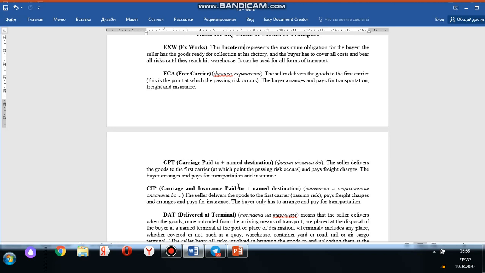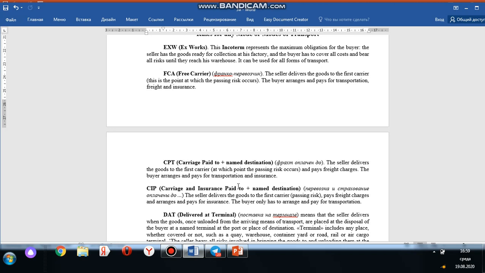So, dear students, as you see, here we can see the rules, the norms, the agreements between sellers and buyers. Which Incoterm, what do you think? How do two sides choose the delivering, for example, or another mode of something?